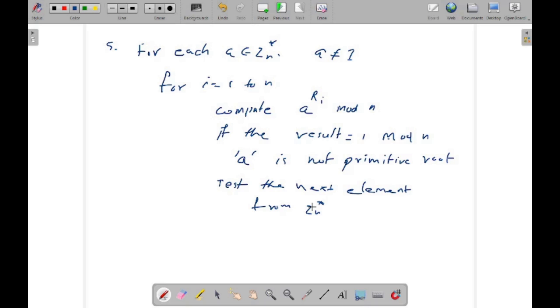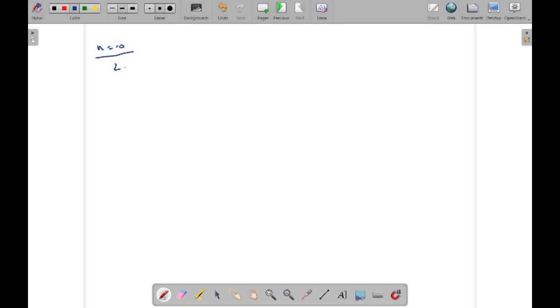In our case, we know Z star is equal to 1, 3, 7, 9. No need to consider 1. For the remaining elements, a equal to 3, you want to compute a raised to R1 mod 10.